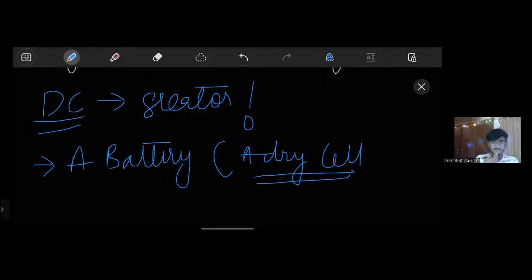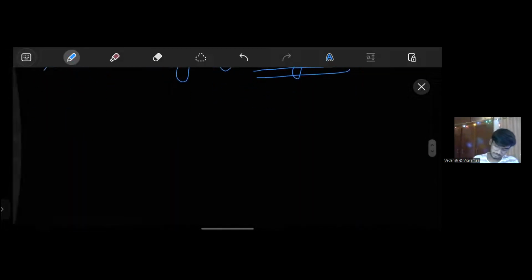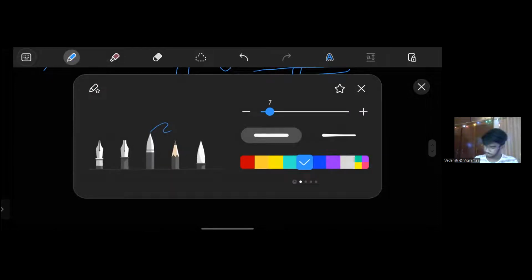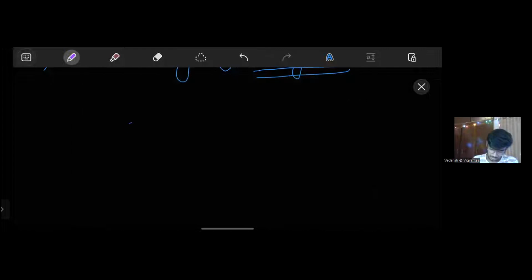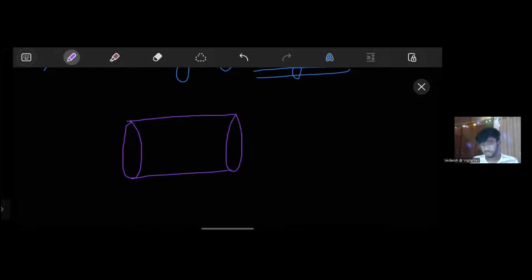Okay. Now, let me show you how a cell looks. So, let us say this is the outer covering of the cell. Pardon my drawing, it is really bad.